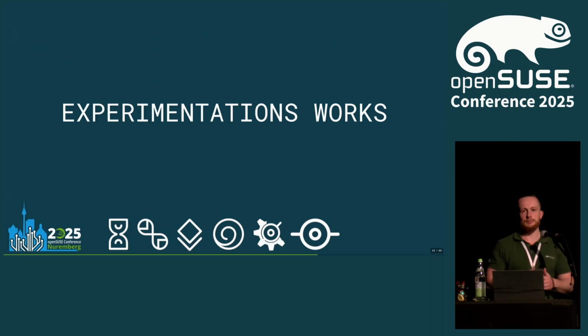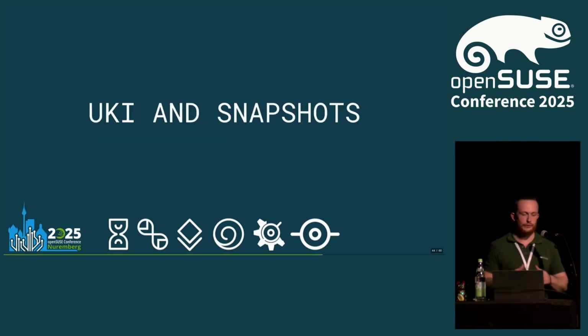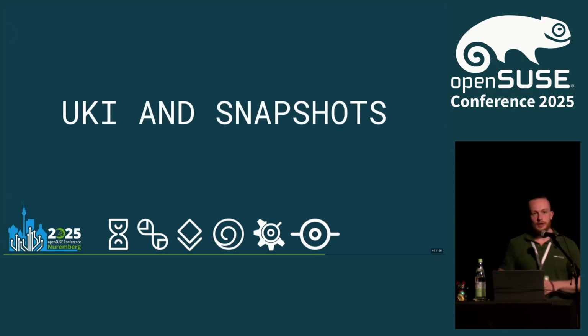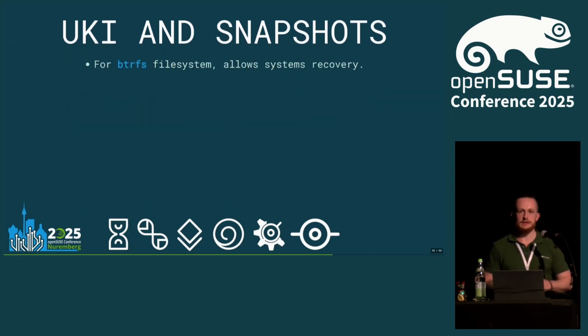Now we still have some experimental work and some ongoing work with the UKI. And the first one that comes to mind is how it can work with snapshots. You may know already, but openSUSE distributions use the btrfs file system that allows you to have system recovery by using snapshots.